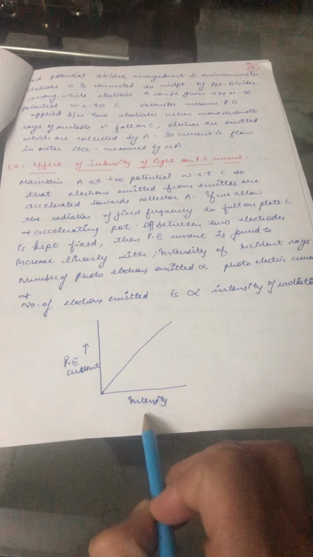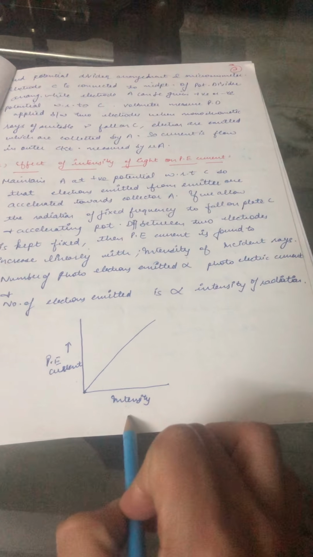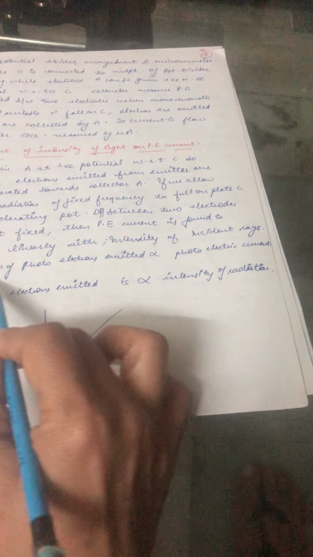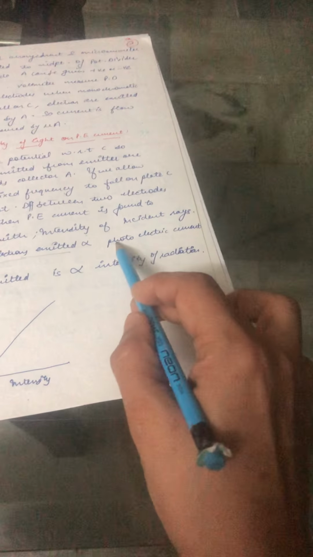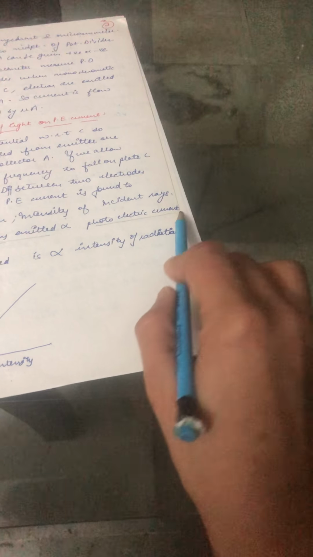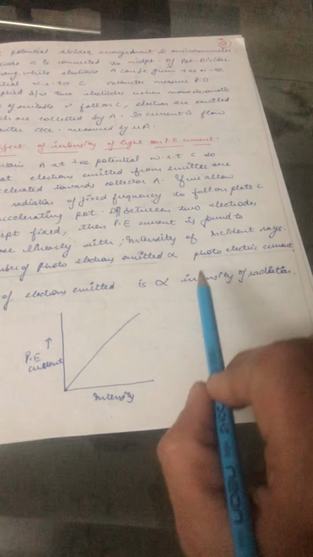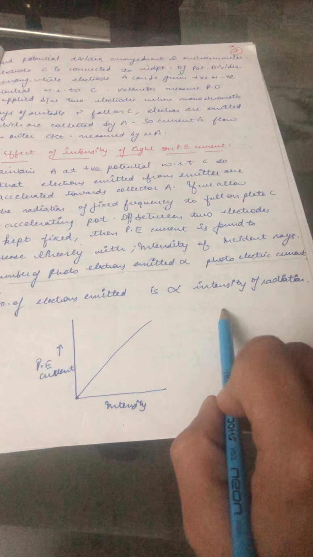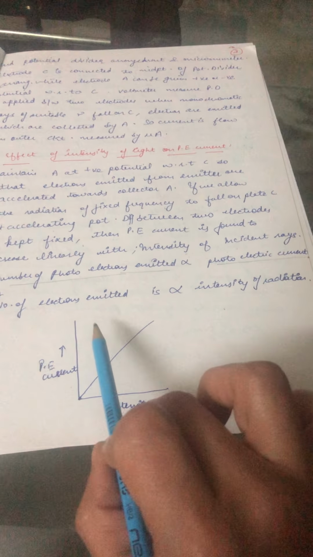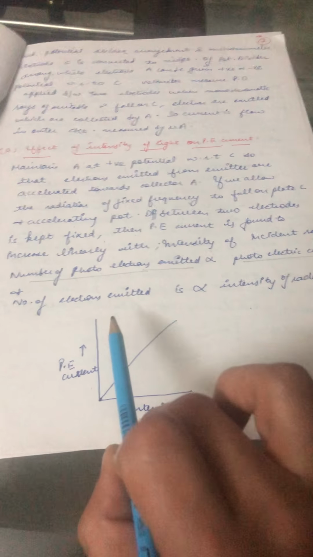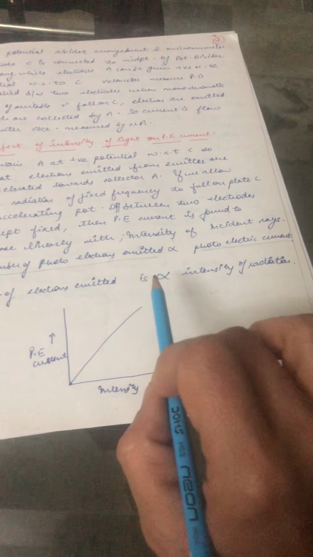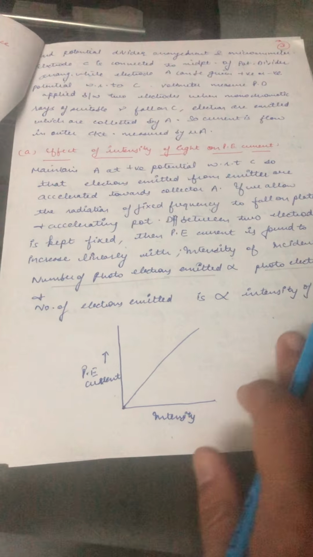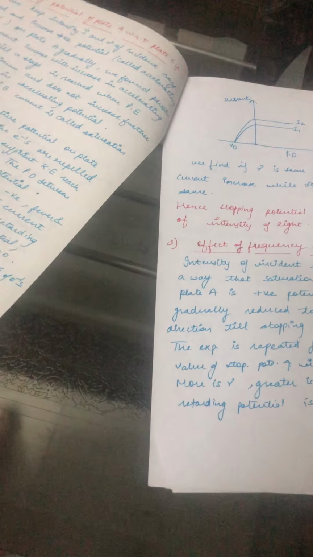It means when we increase the intensity, we increase the number of photoelectrons emitted, which is proportional to the photoelectric current. Because more electrons are emitted from the emitter plate, the photoelectric current increases. This is our first observation.